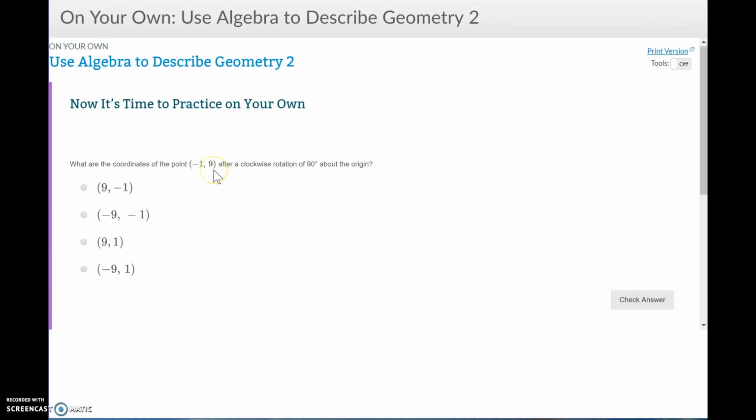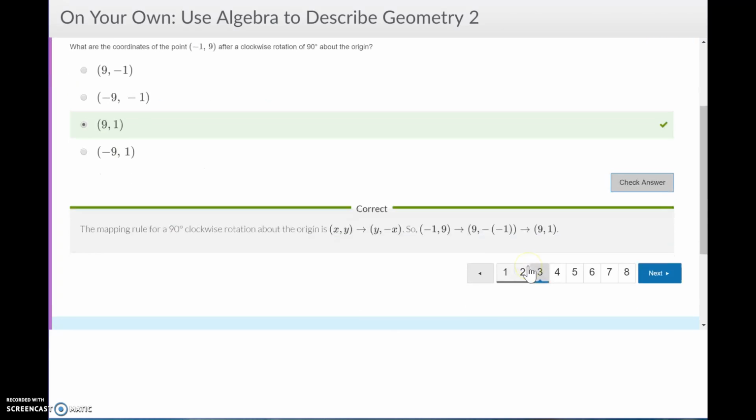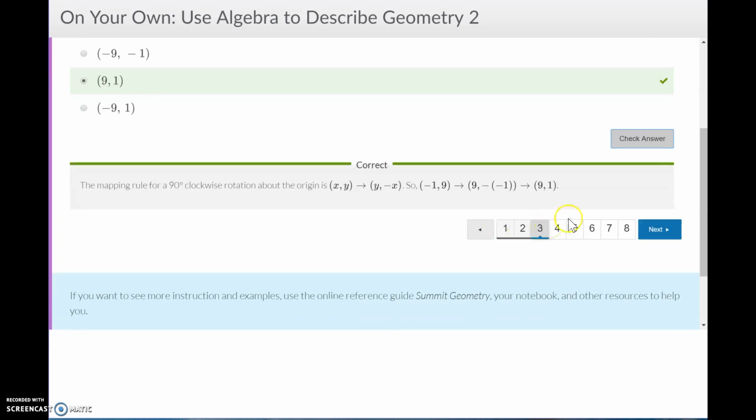So x and y switch places, so now there is a positive 9 first, so it has to be one of these, and x becomes the opposite, so x is negative 1, so it has to be positive 1, so it's this one right here. And there's the explanation.